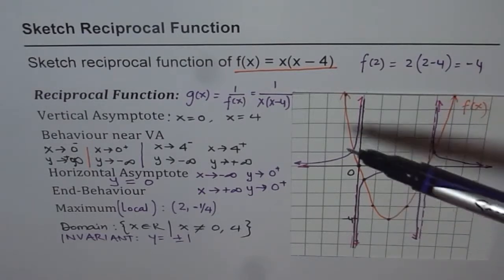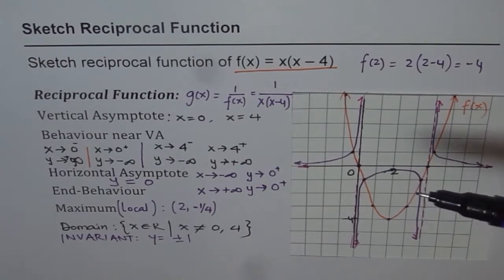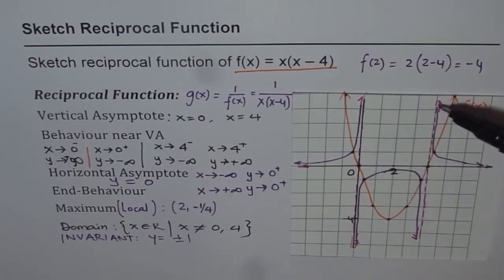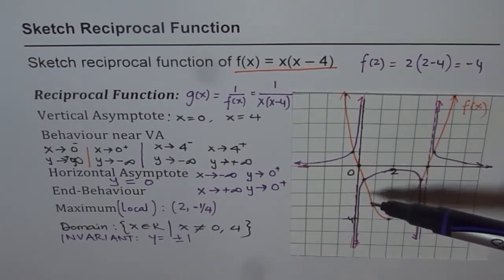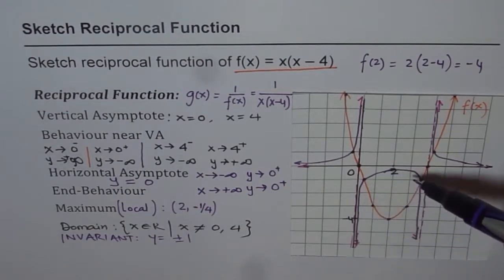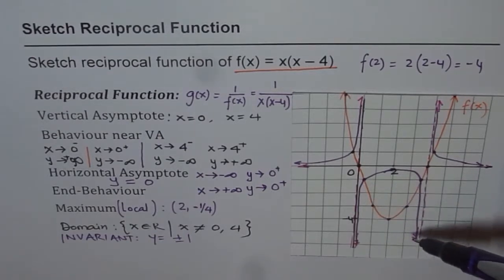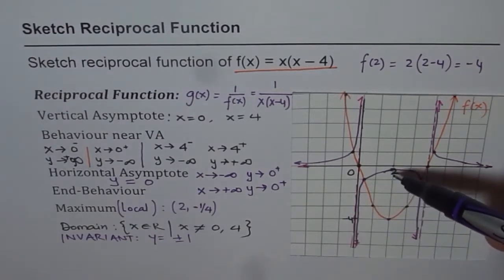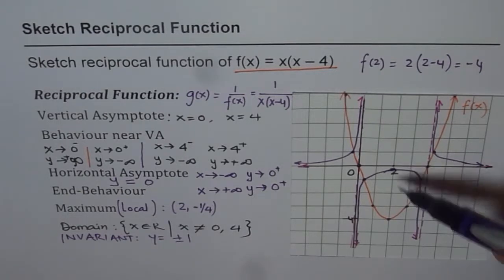They help us to make the graph for the reciprocal function. X-intercepts become the vertical asymptotes. And then you will notice that the graph is kind of 1 over x type on either side in quadrants 2 and 1, and upside down in the center with a local maximum at x equals 2.